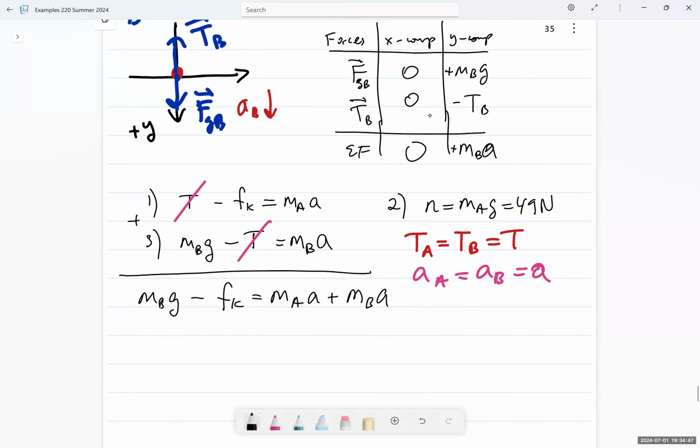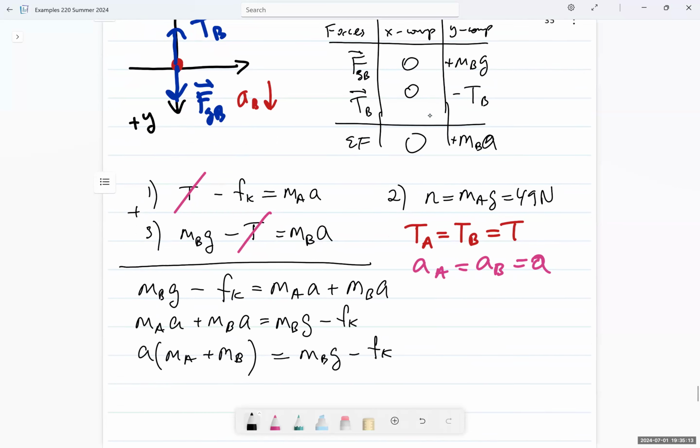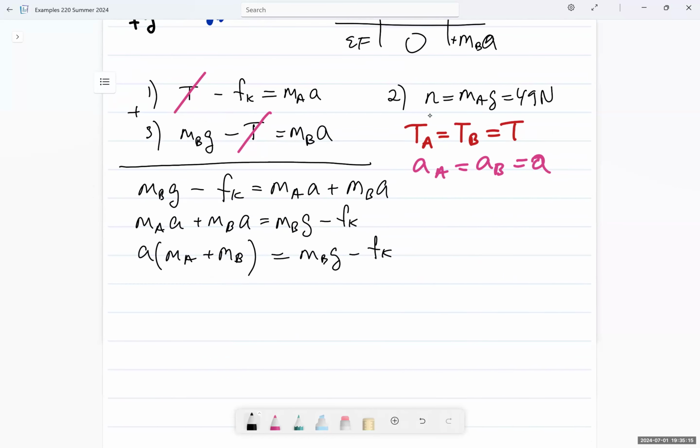So from here, I can switch the sides. I can say it's MA times A plus MB times A equals MBG minus F of K. Then I can factor out A, acceleration, so it becomes MA plus MB, and on the right side is MBG minus F of K. Finally, divide both sides by MA plus MB.